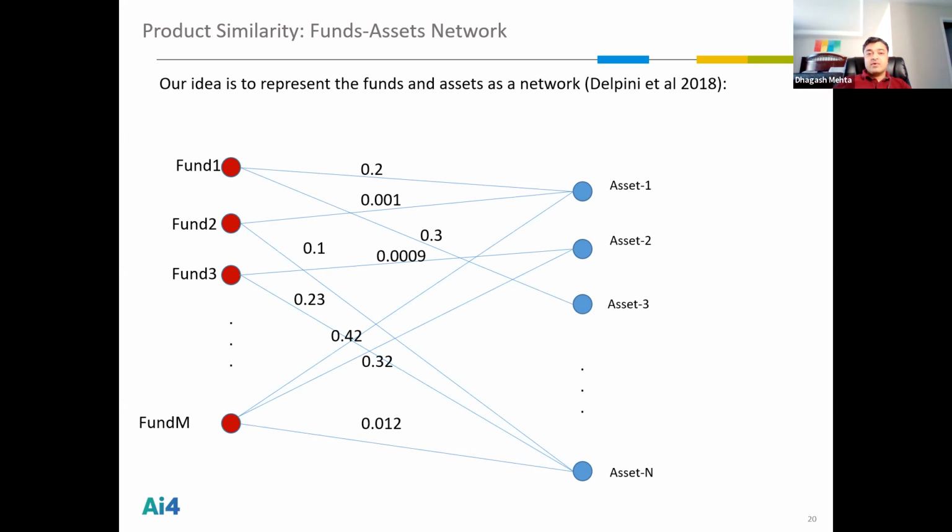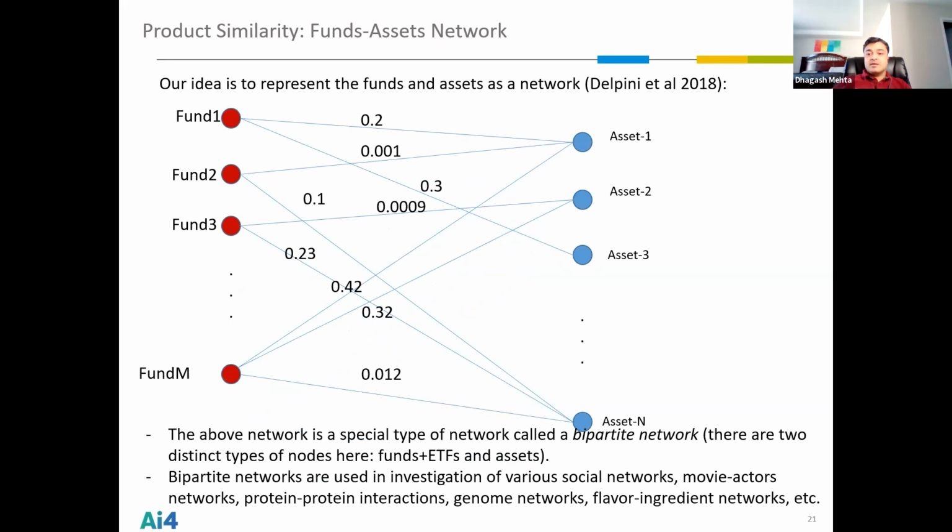It is called a bipartite weighted network. So instead of this tabular data, I created a network out of it. And then I can use all these existing technologies to investigate bipartite weighted networks, and especially machine learning techniques for graph networks or network graphs.